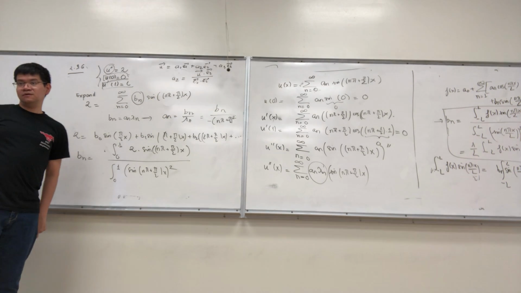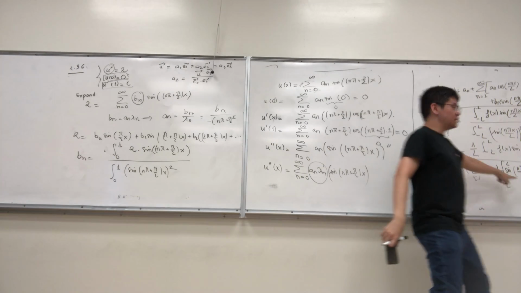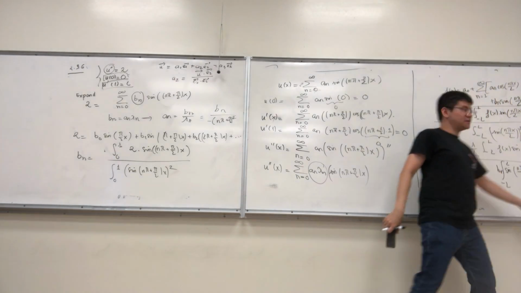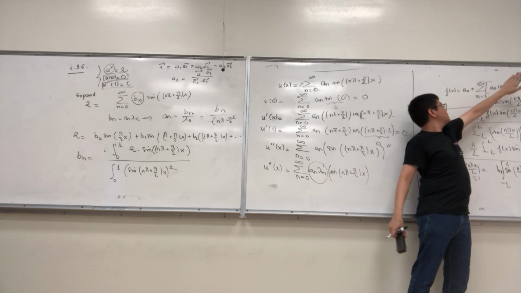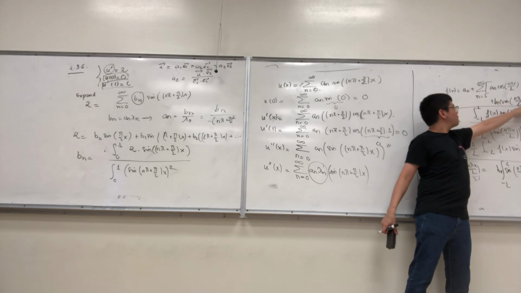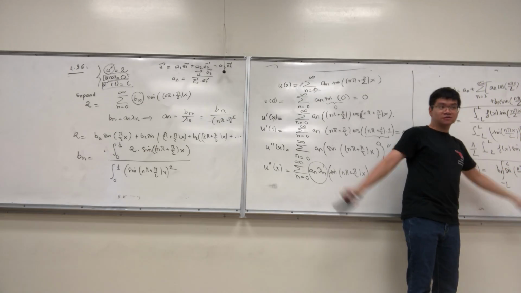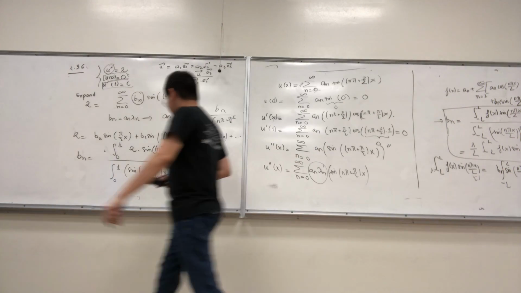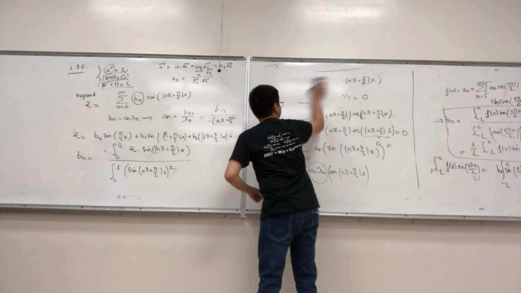Remember this? Because when you multiply the sinus with this series, this one will go away, this one will go away. The only thing that is left over is this sinus, right? So here is going to be the same. Right, so I explained it again.